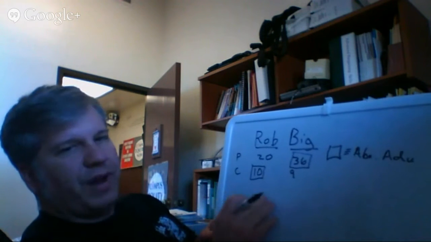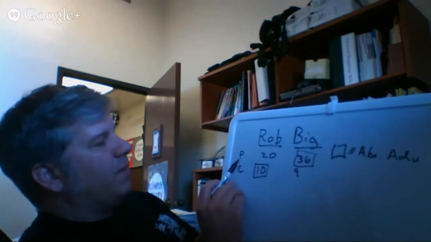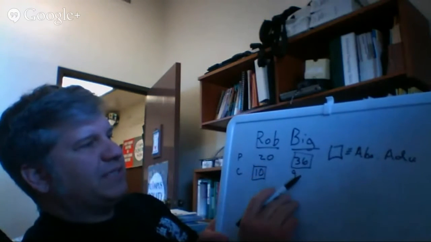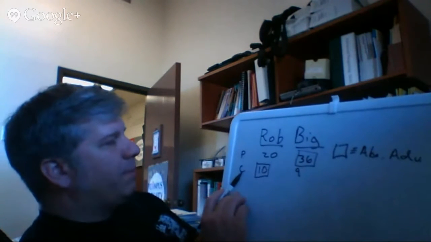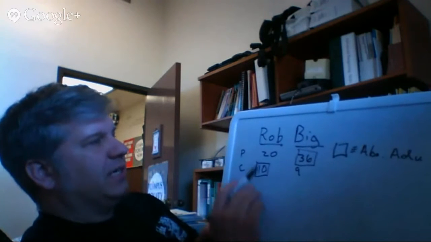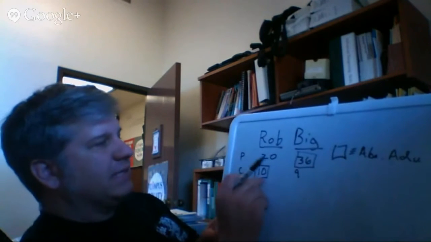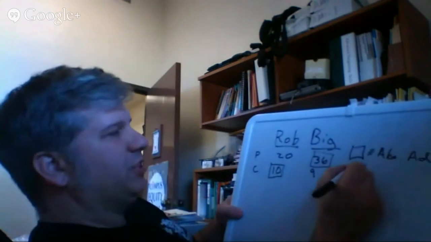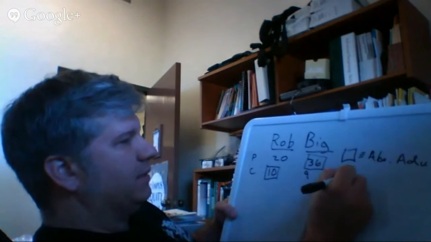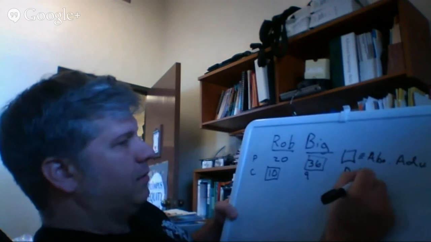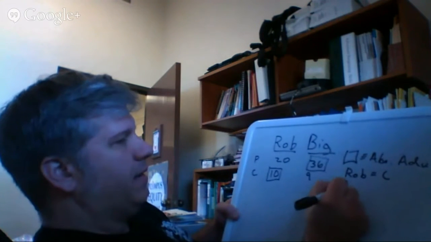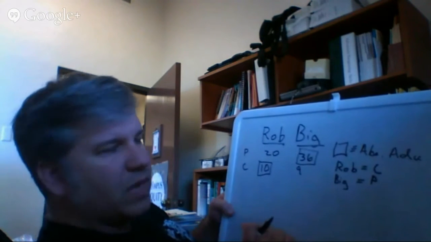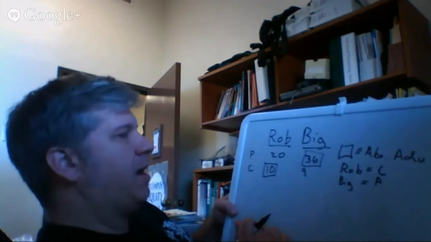So we've got a simplified problem here: for pigs, there's only one person with absolute advantage, so we can clearly see that Big's the best one to do pigs. One person has absolute advantage in producing cows, and that's not the same person who has it in producing pigs. So we could say the specialization is Rob makes cows, Big is going to make pigs.